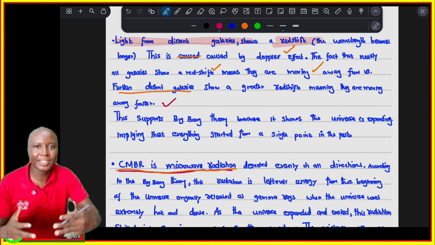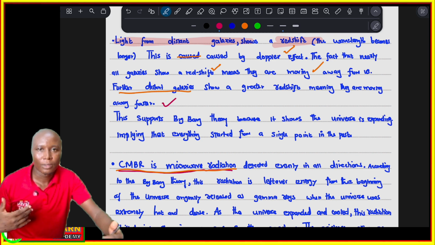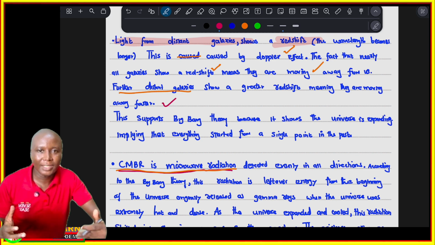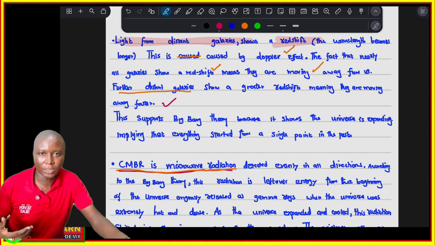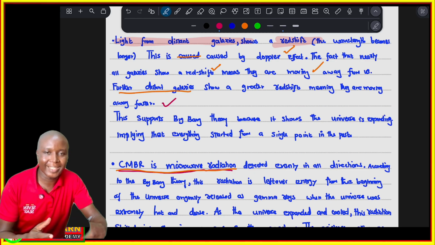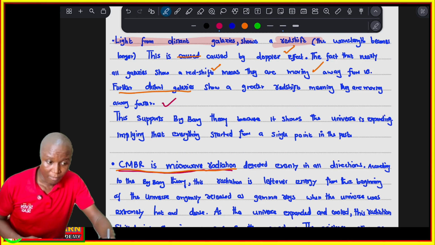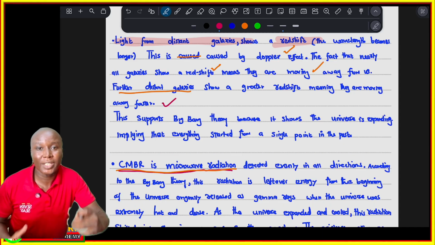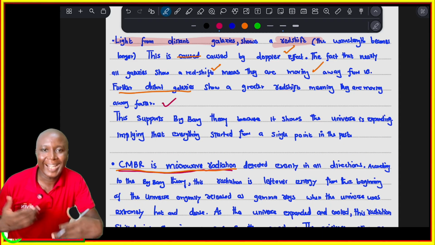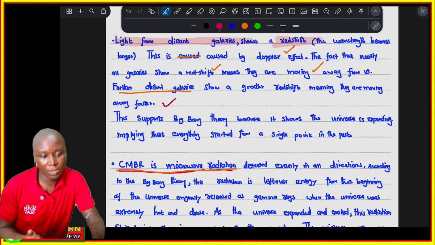If the galactic redshift is being displayed, it is an indication that the galaxies are moving away. And the reason the galaxies are moving away is because the universe is expanding as claimed by Big Bang theory.